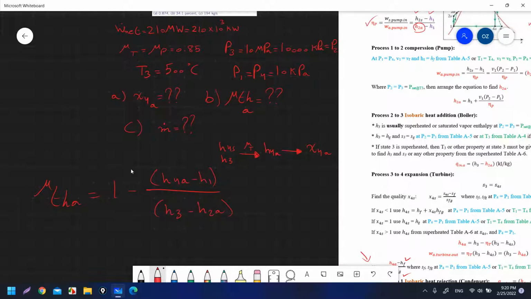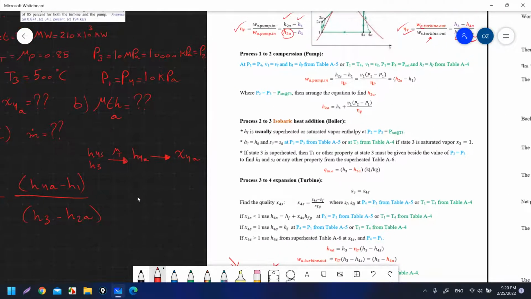Okay, so I need to find H2A. I know that H3 can be found easily, like the ideal Rankine cycle. H1 also. H4A we will get from here, and in order to get it, we will calculate H4S and H3. So what about H2A?